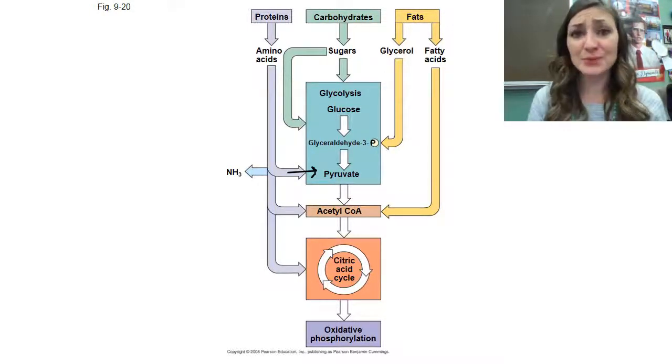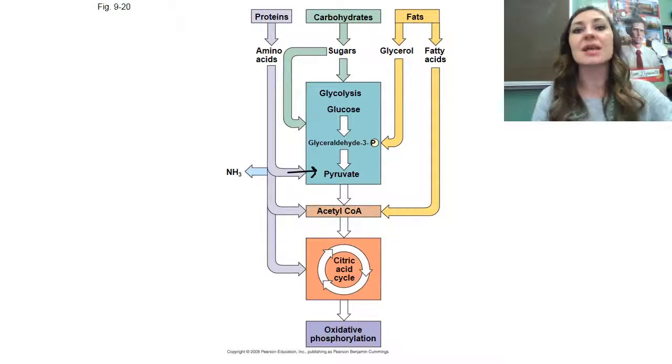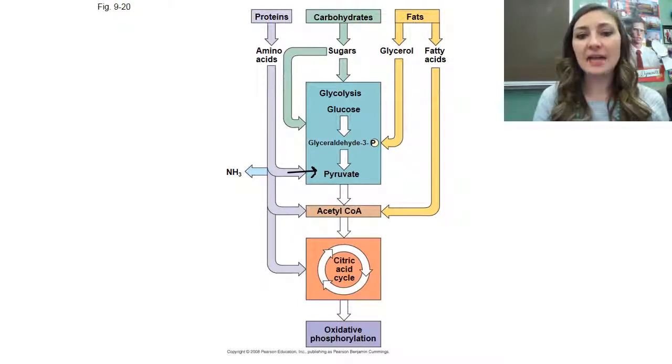Carbohydrates you know really well because we talked in terms of glucose as we talked through all of these examples, but your glucose molecule enters glycolysis, is broken into pyruvate, then acetyl-CoA, and so on. Fats, your glycerol is going to enter during glycolysis, as we just mentioned, and your fatty acids are used to make acetyl-CoA, and that's where they enter cellular respiration.